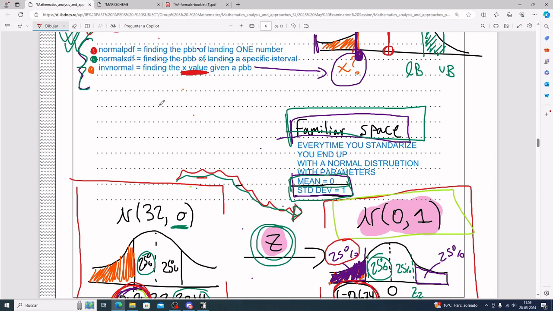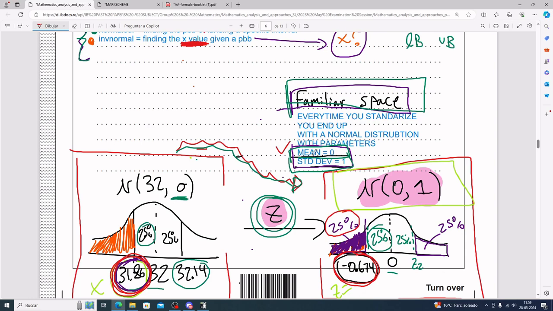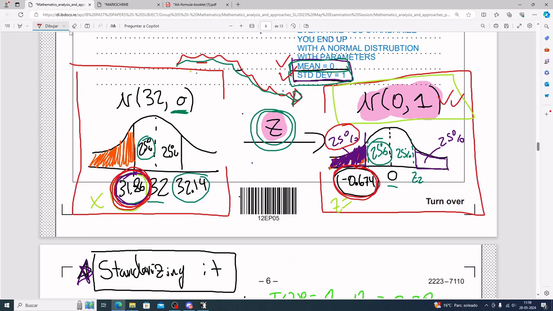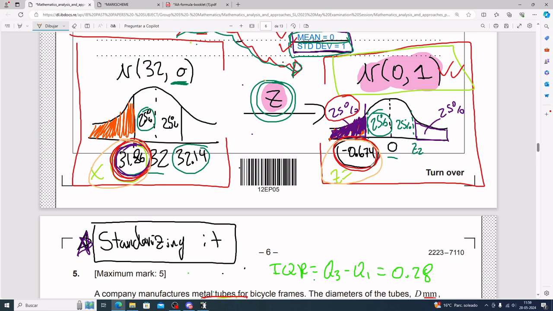It allows you to use all these different tools because the standardized version always has a mean of 0 and always has a standard deviation of 1. You just got to keep in mind that the z value, and this is what a lot of people just don't grasp very well, is that the z value is really just the equivalent of the original, right?